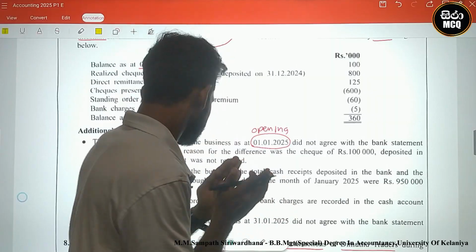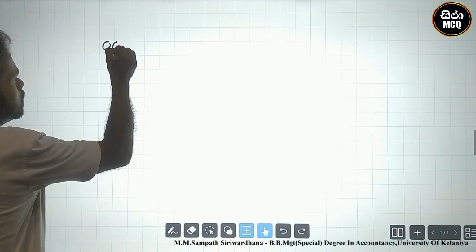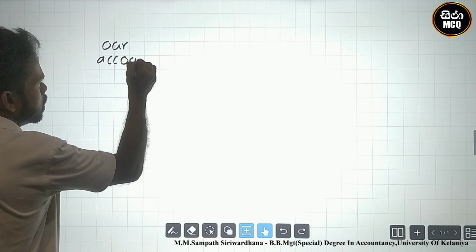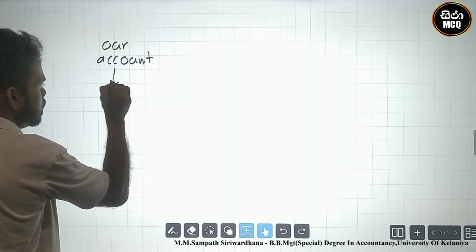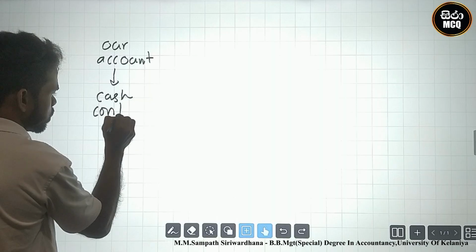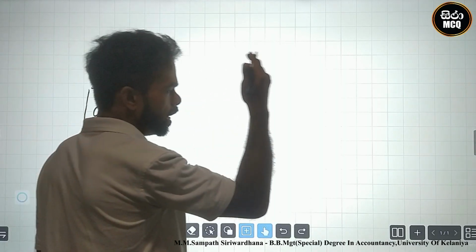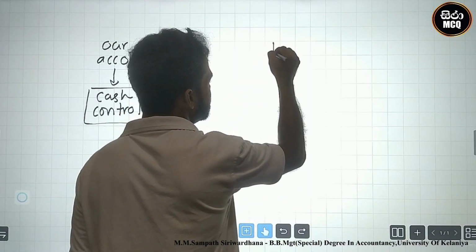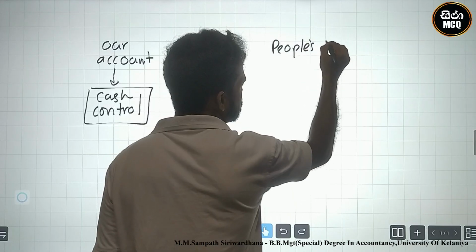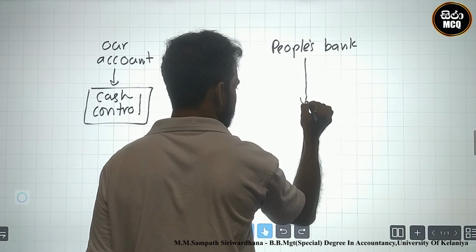You know, look here, our account is the cash control. The bank account means the statement prepared by People's Bank. What is this statement?